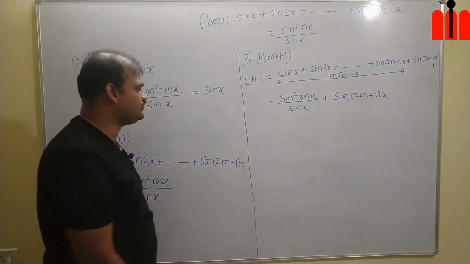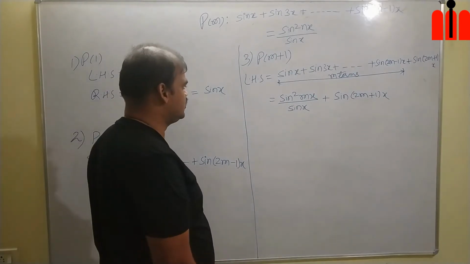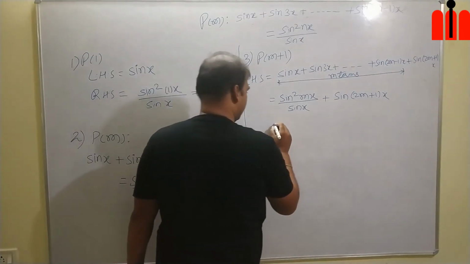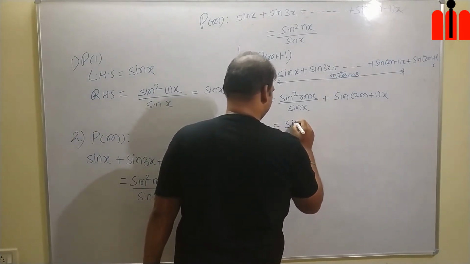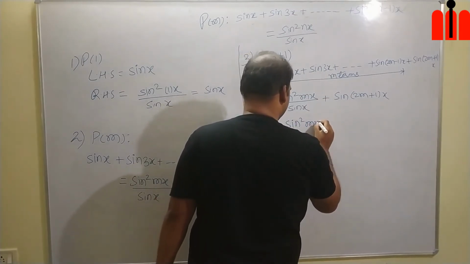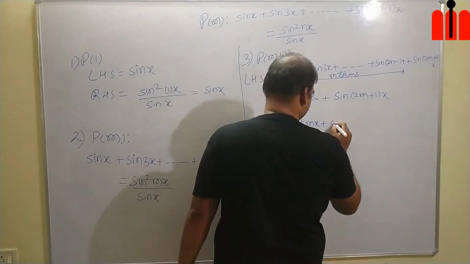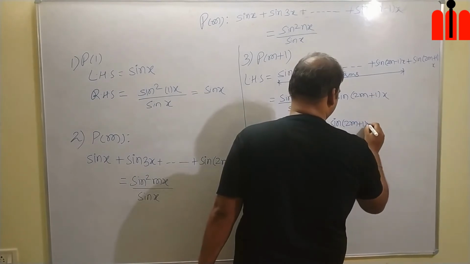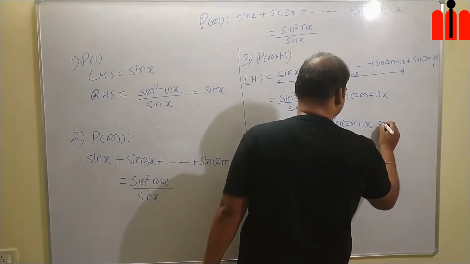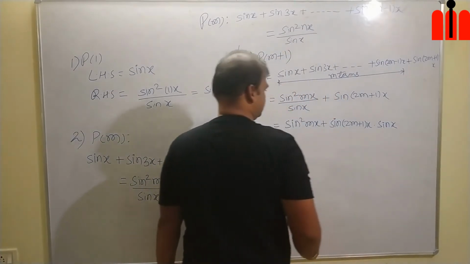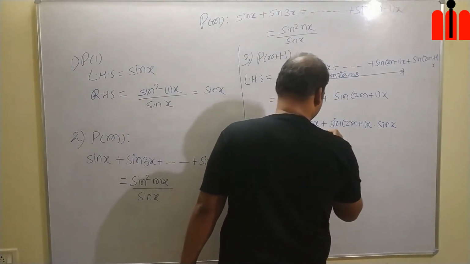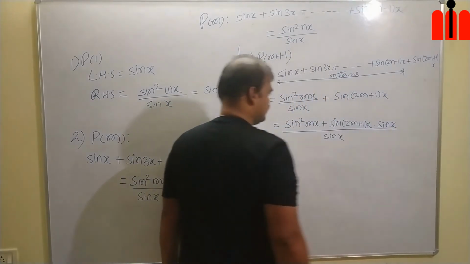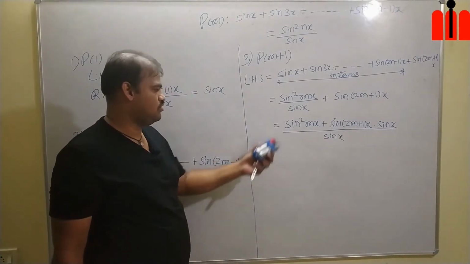Now what do we have to do? We have to take LCM. Once we take LCM, it will be sine square mx plus sine (2m plus 1)x into sine x, entire thing divided by sine x.